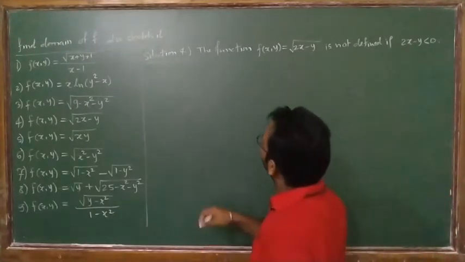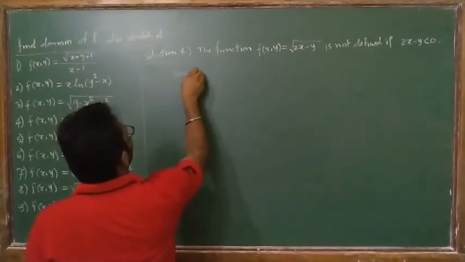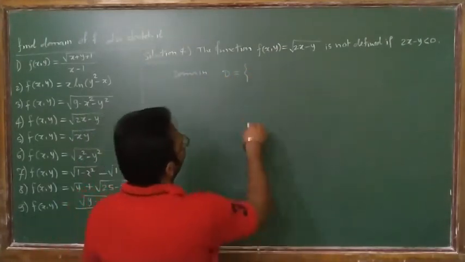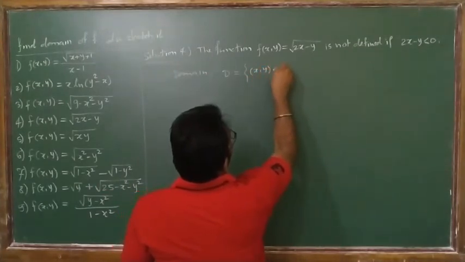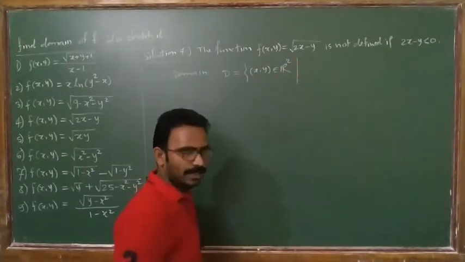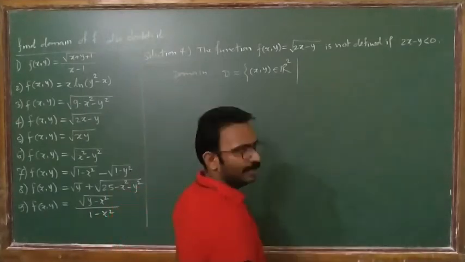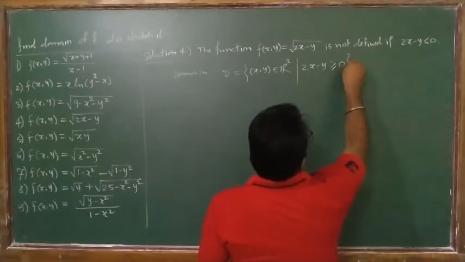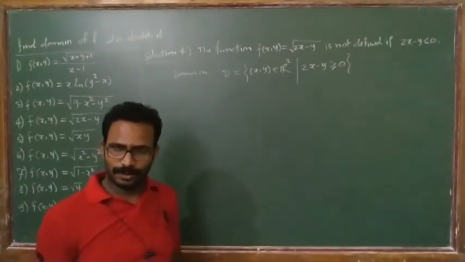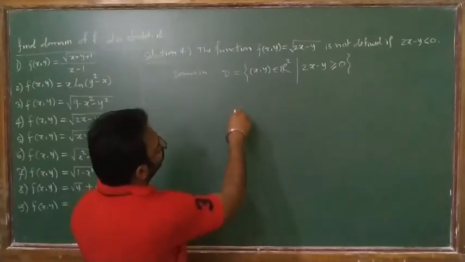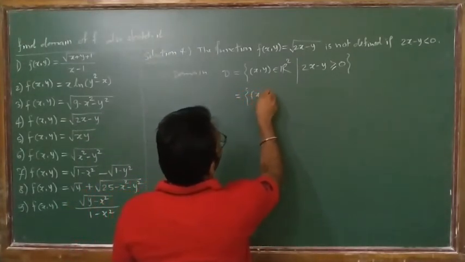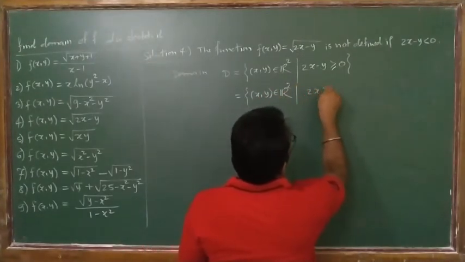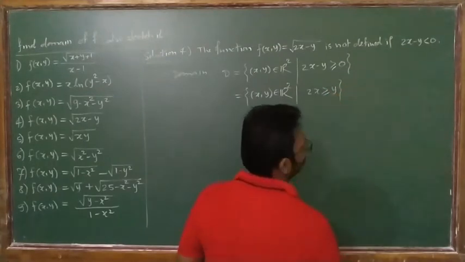So what should be the domain? The domain should collect all the elements, all the ordered pairs from R2 for which this should not happen. That means the quantity should be at least 0 or more than 0. That means such elements for which 2x is greater or equal to y.